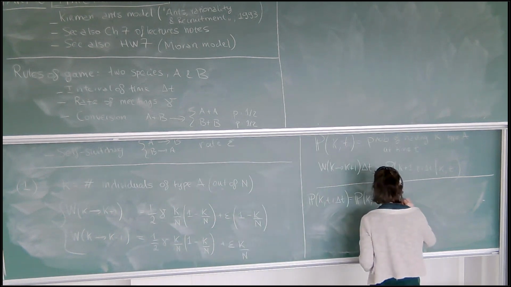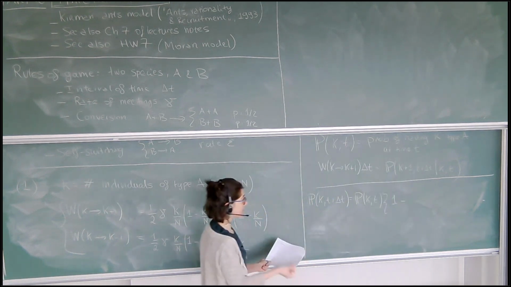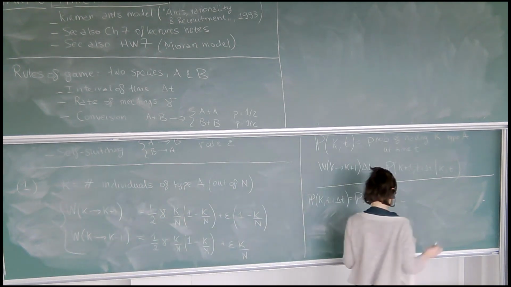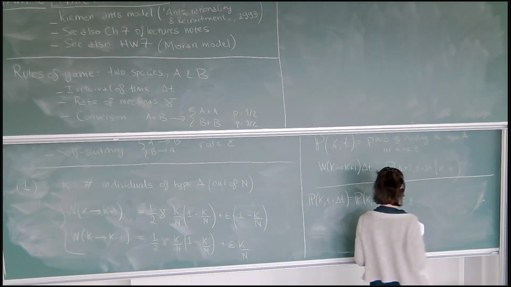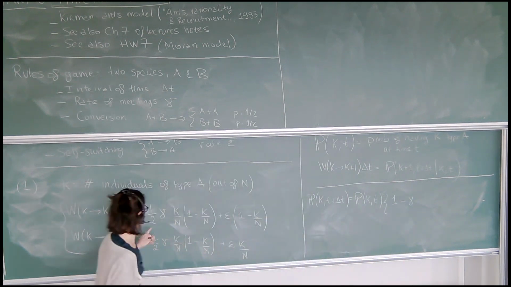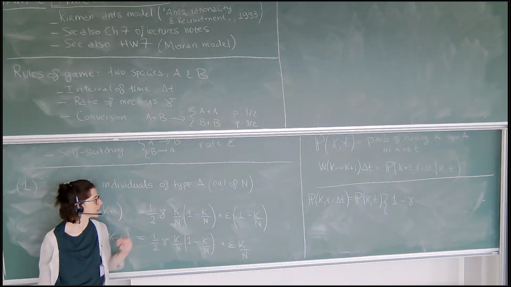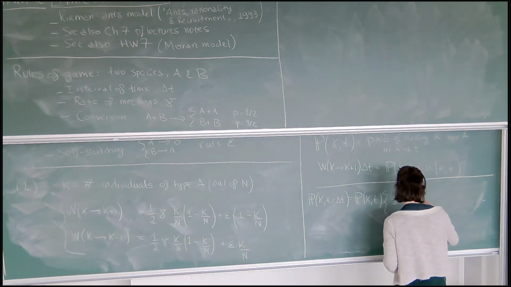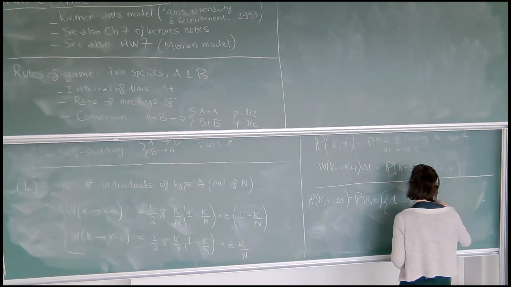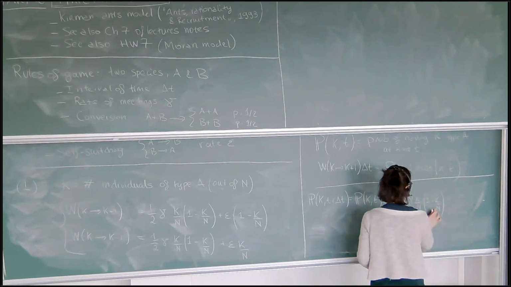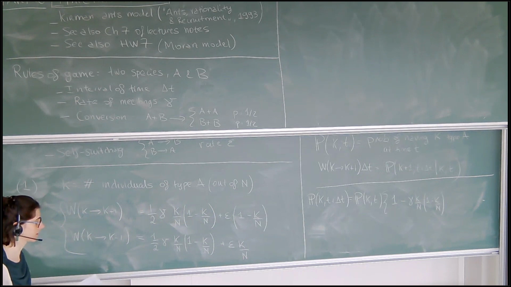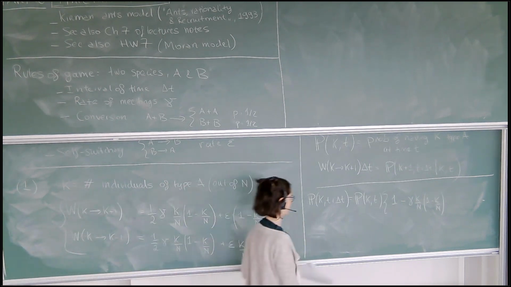So this is 1 minus the probability that two individuals meet and one of those switches, and this is gamma k over n times 1 minus k over n. And then I also have to subtract the probability that one of those switches by itself.